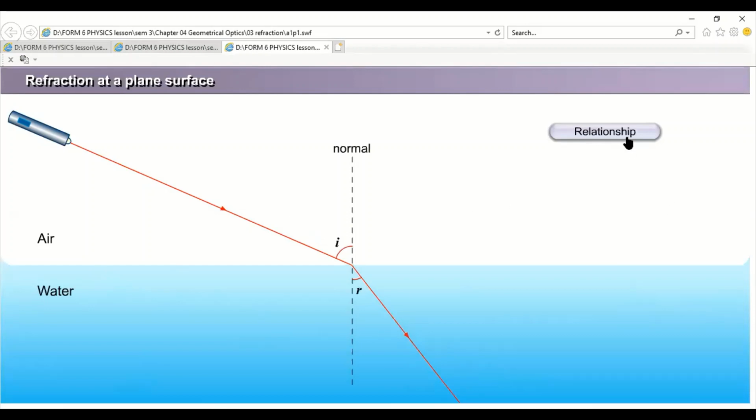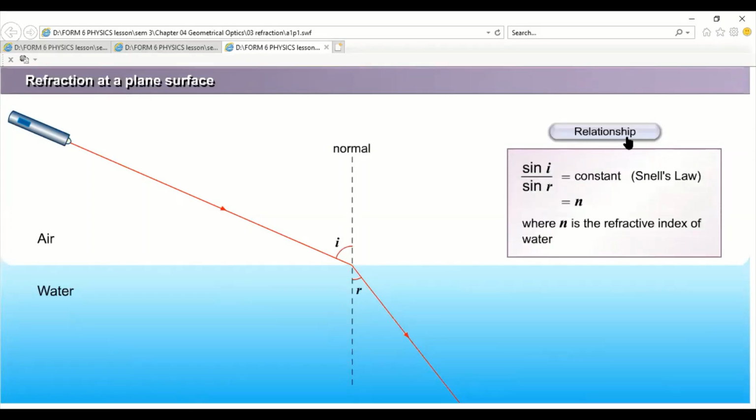The relationship between i and r is sin i over sin r equal to a constant, where it obeys Snell's law. According to Snell's law, sin i over sin r equals n, where n is the refractive index of water, and the refractive index is a constant.